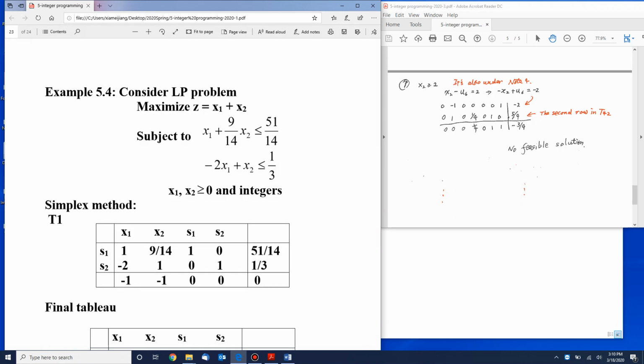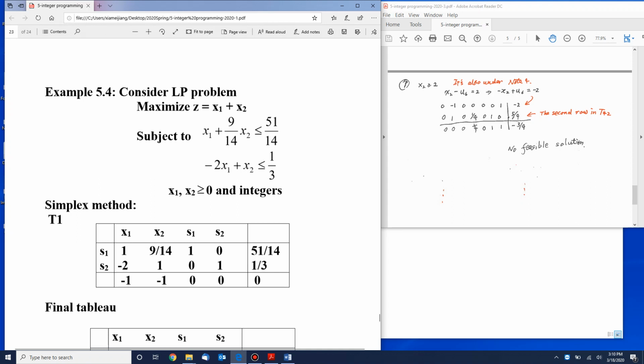Now we are going to talk about another method, another example. That's example 5.4. Here we have an LP problem: maximize z equals x1 plus x2, subject to these two constraints. Now we want to find the optimal solution for x1, x2 to be integers greater than or equal to 0.